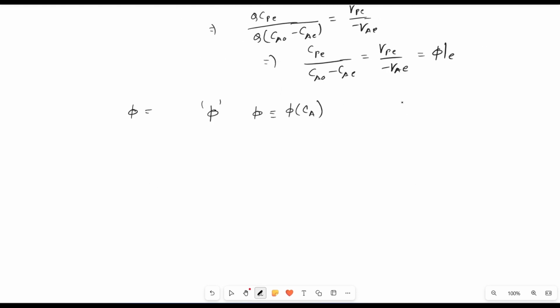from the definition of phi, dFp by dFa is equal to phi, which is a function of Ca.